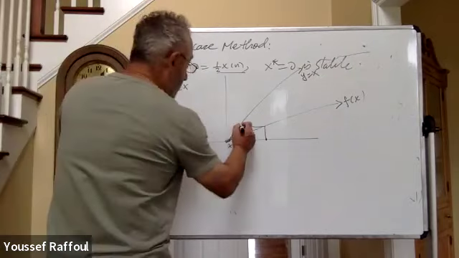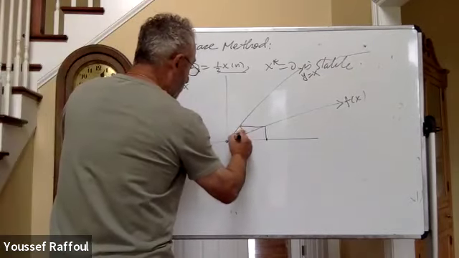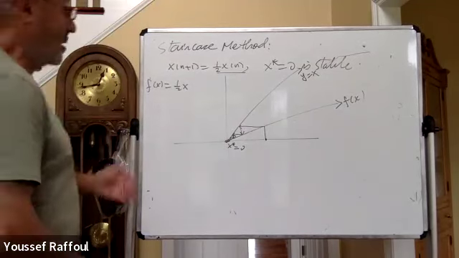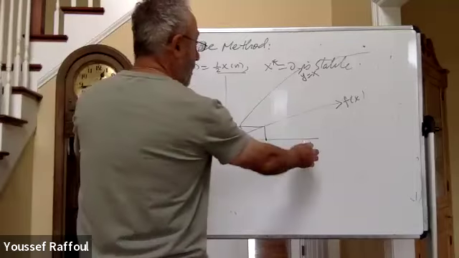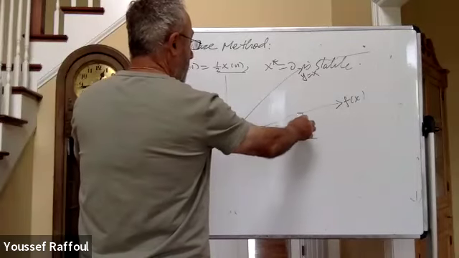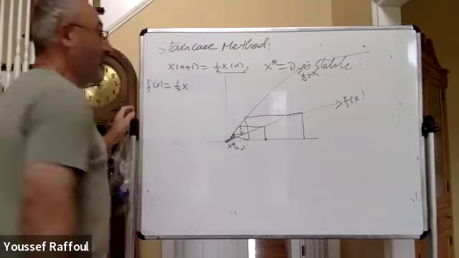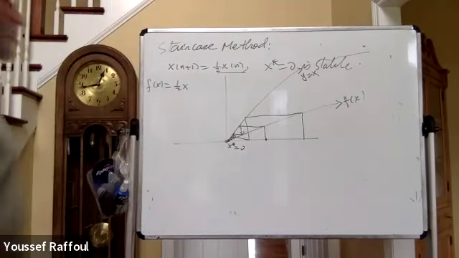So you see what happened? And you may say, I want to start, even if you start here, you go this way, come back here, go down, come back, and then you're going to end up there. So this is called the staircase.